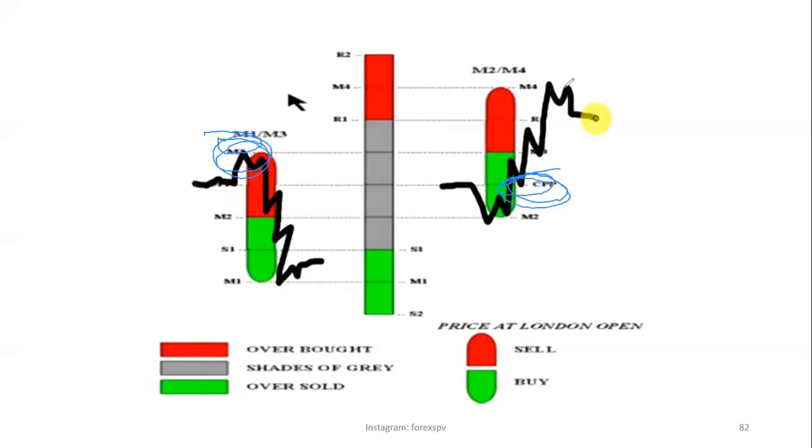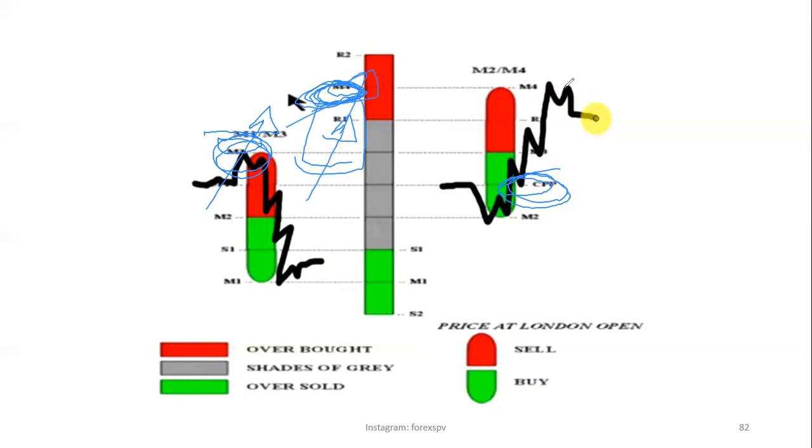But around M4, it's a less probable trade for me to take because it has gone far beyond, and I expect that around M4 it should have broken the stop and box, so we continue up.